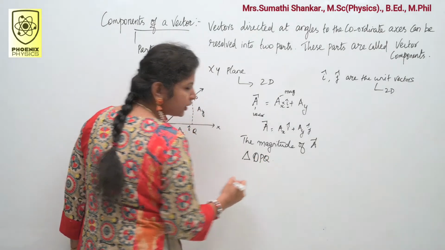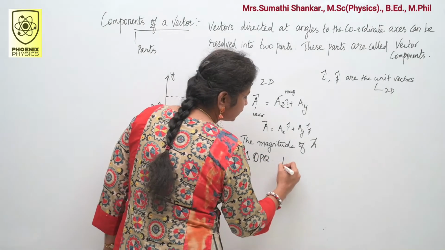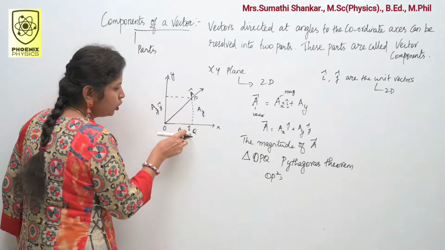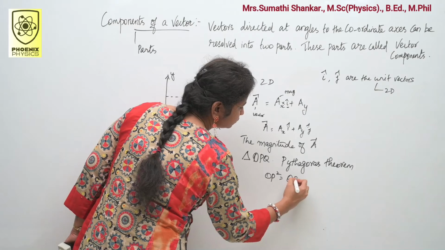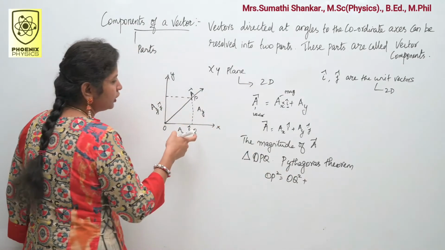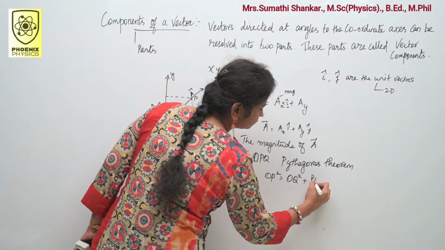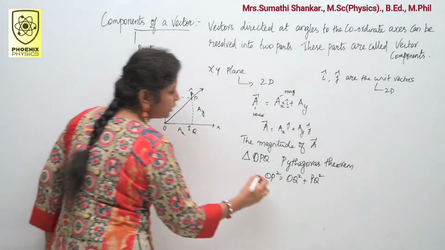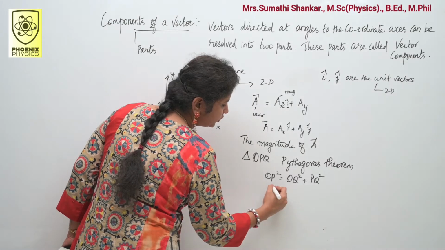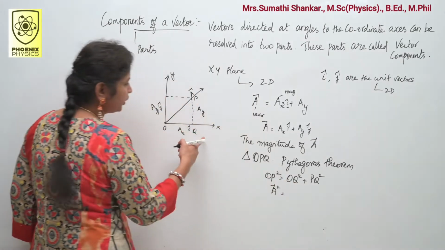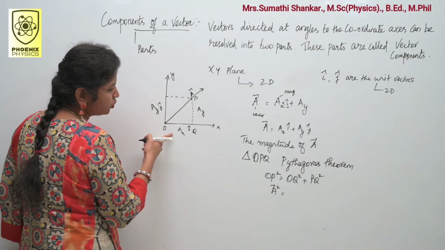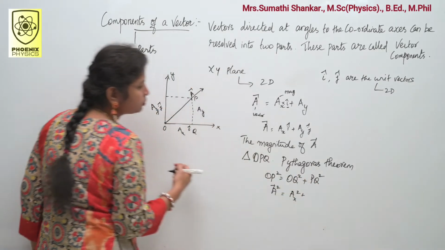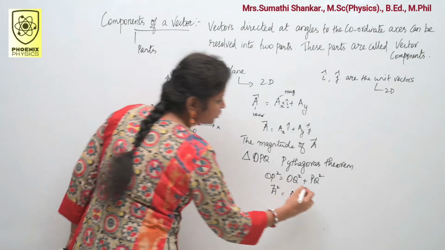In this triangle apply the Pythagoras theorem. OP square is equal to OQ square plus PQ square. What is OP square? OP square is nothing but the magnitude of my A vector squared. What is OQ square? Ax square. And what is PQ square? PQ square is Ay square.